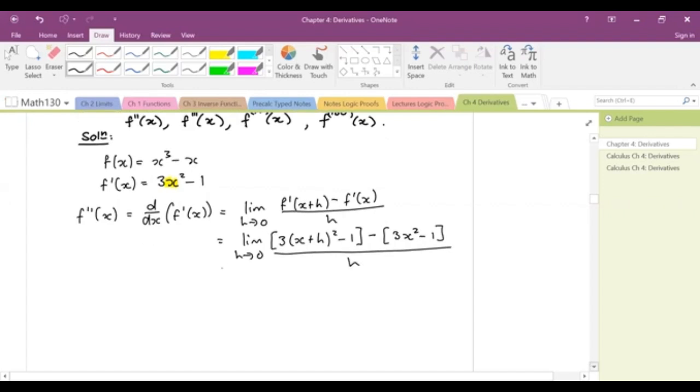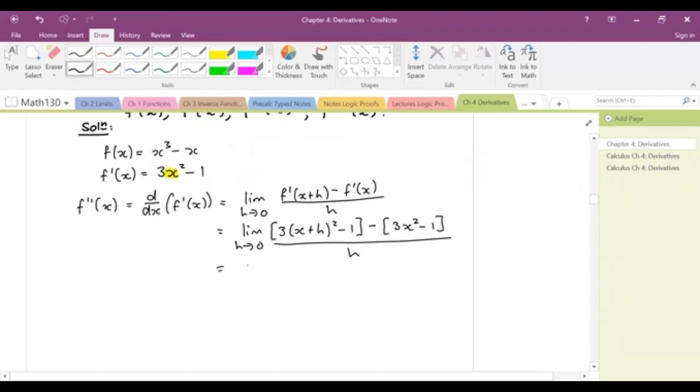Multiplying out and cancelling, we get the limit as h tends towards 0 of 3x squared plus 6xh plus h squared minus 1 minus 3x squared plus 1 all over h. When we do some cancellation here, the minus 1 cancels with the 1.